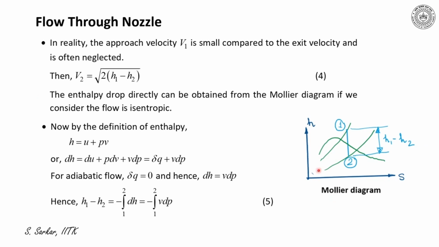The Mollier diagram is presented here, which is the HS diagram, that's the enthalpy and entropy diagram, where the saturation line is indicated by green, and I have also presented the constant pressure lines P1 and P2.